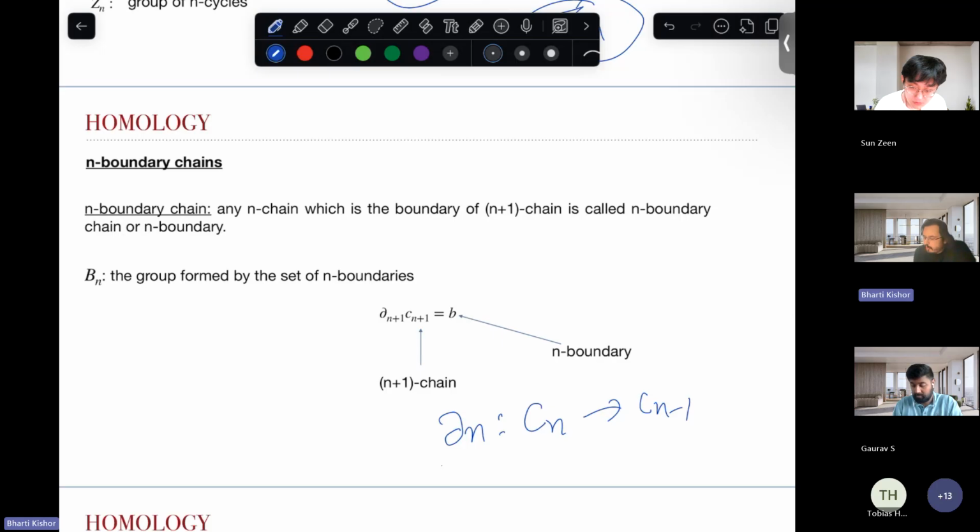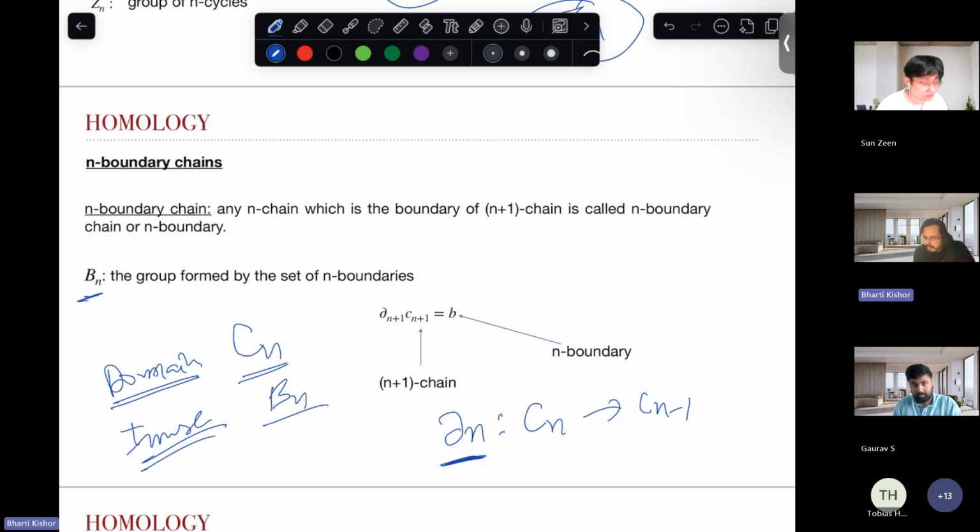The domain of delta n is our group of chains. The image is basically the boundary group, like we can call it. Because the group of boundary chains is nothing but any n chain which is the boundary of an n plus 1 chain. That's how we are defining it, right? So it's the image of the boundary operator.